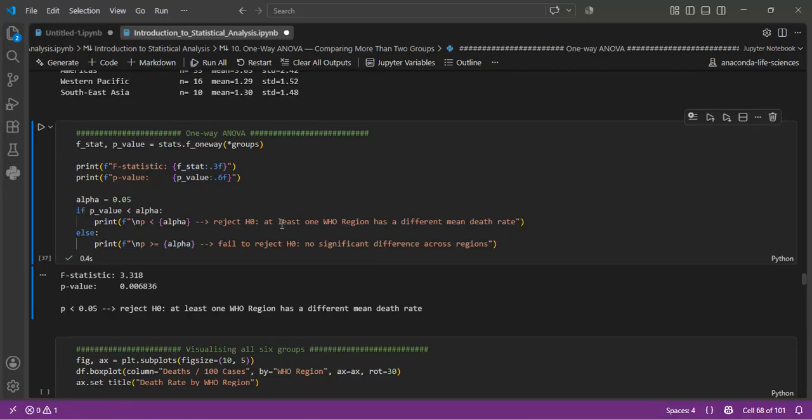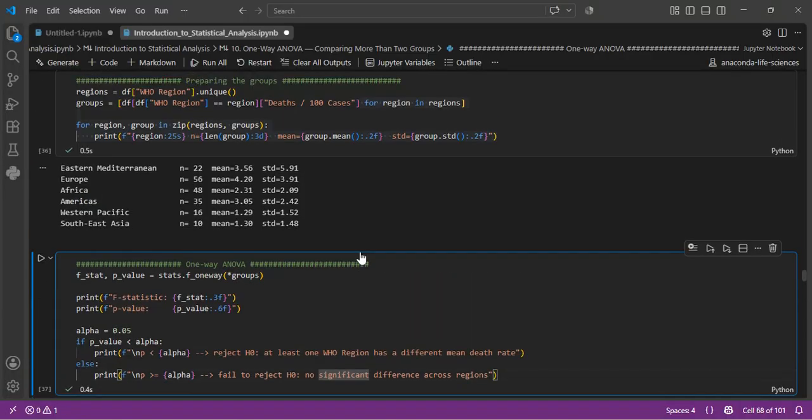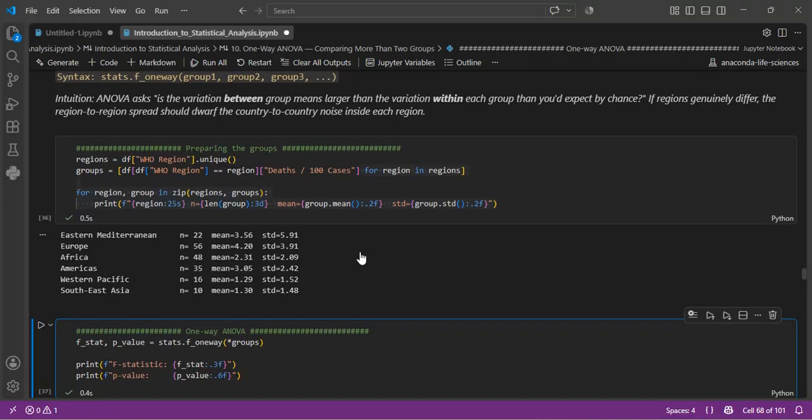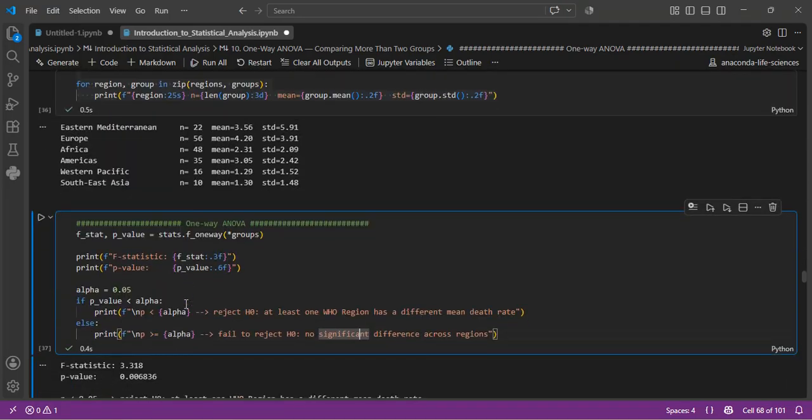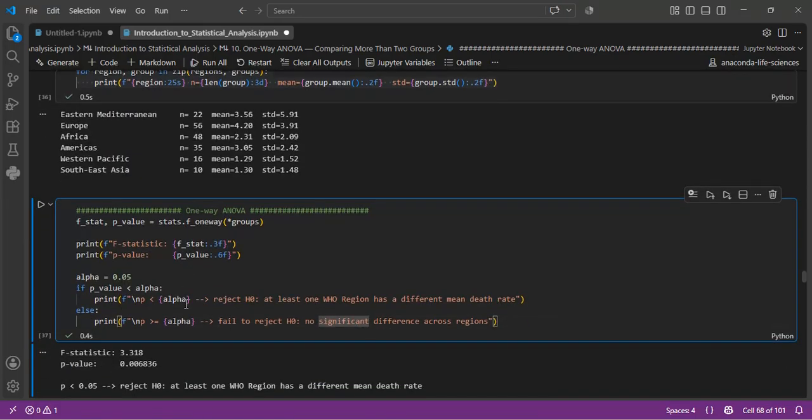So it means that at least one WHO region has a different mean death rate. That means there is a difference in the means of all the regions that we've checked. So here we have 6 regions, and there are differences in their means. At least one, at least one.